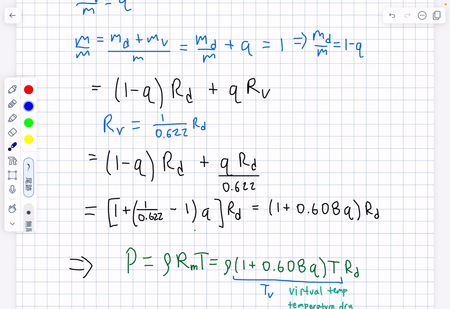And then we know by laboratory experiment that the water vapor gas constant is equal to the dry air gas constant divided by 0.622. And of course, there's many more decimals to this, but 3 decimal places is a pretty good approximation. And this, of course, is another approximation. We could maybe figure out an equation for Rv itself, but I think at this point there is not an easy way to figure that out.